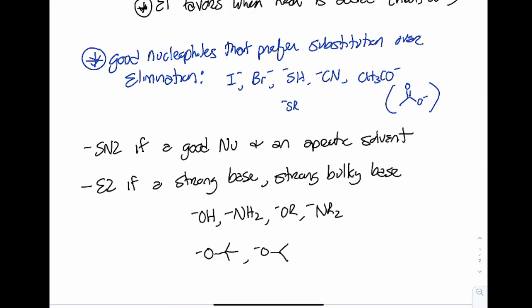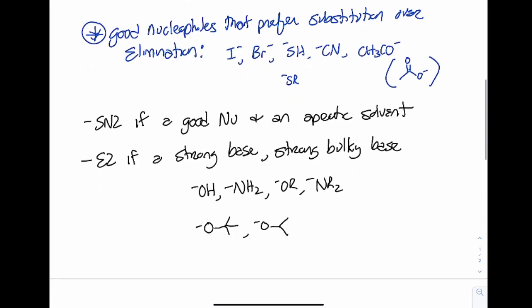It has to grab the hydrogen off the side. So those are going to prefer elimination over substitution. That's where nucleophilicity and basicity diverge, one of our reasons at the beginning of chapter 7, where they're not the same if I have a lot of steric hindrance. So bulky bases are going to favor elimination over substitution.